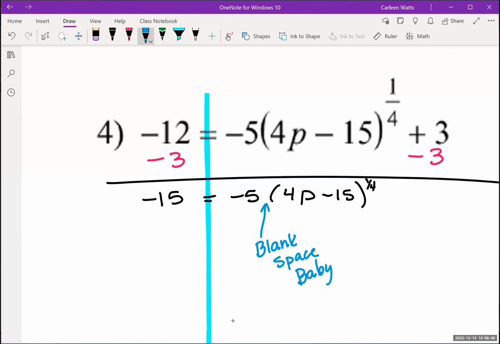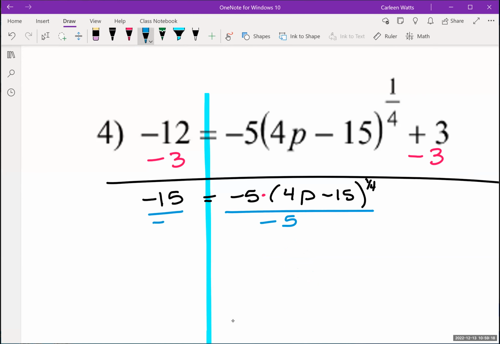Notice a blank space between the -5 and the parentheses. That means there is an invisible times right there. So what am I going to do to both sides? Ding, ding, ding. That's right. Anyone else? What am I going to do to both sides? That's right. So let's divide by -5.